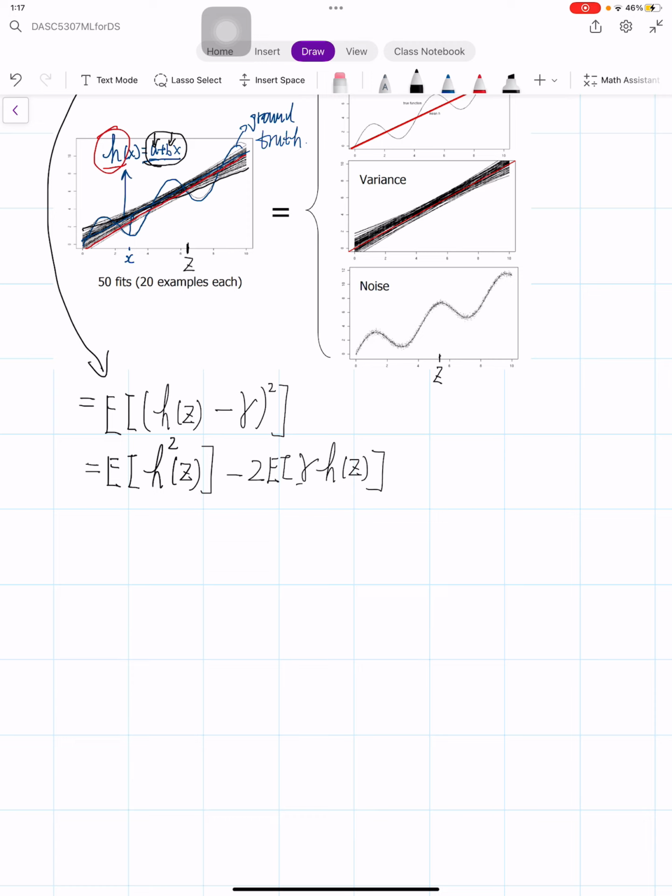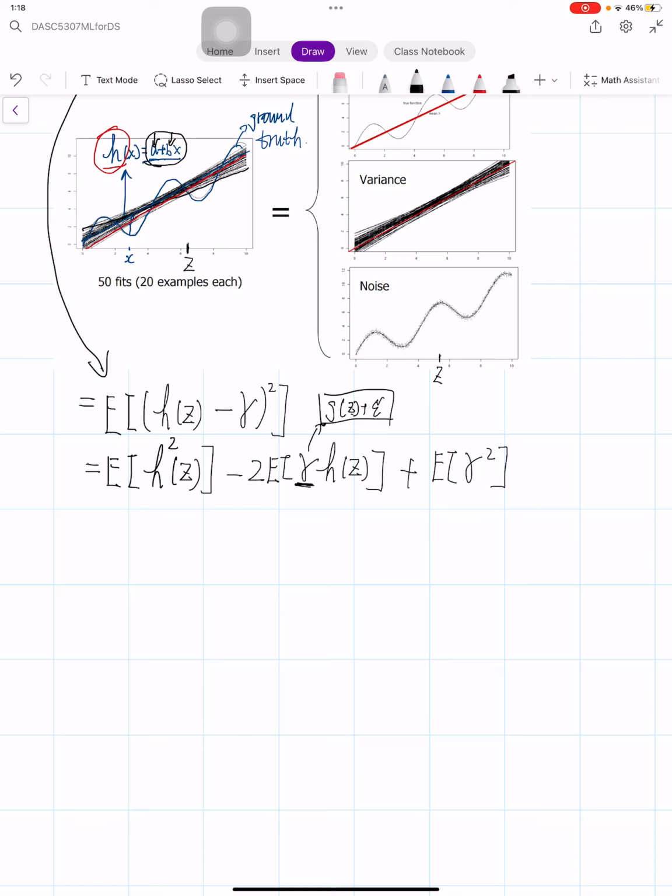You can think this gamma is gz plus epsilon, plus some error term. So you can think this is a true value at this z. And plus the expected value of this gamma squared.